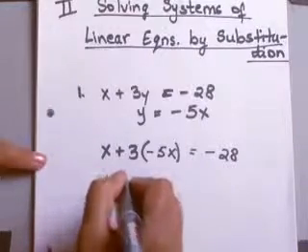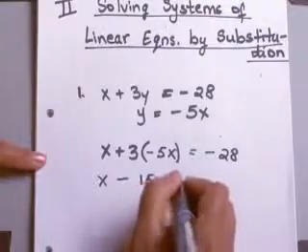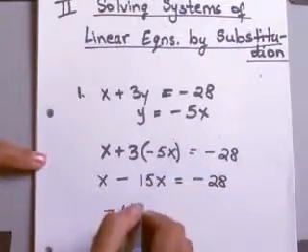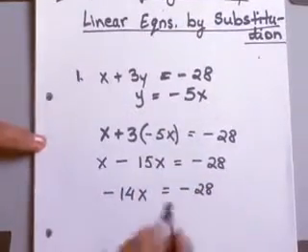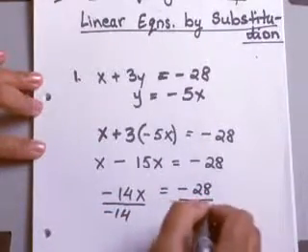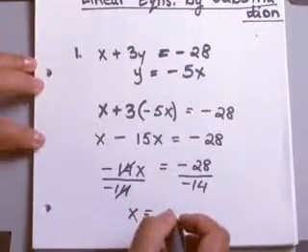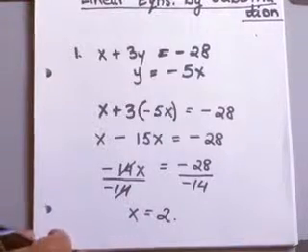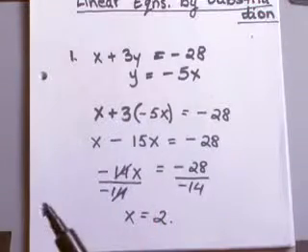This will give me x minus 15x equals negative 28, which gives me negative 14x equals negative 28. Now we want to get x by itself, so I divide both sides by negative 14, and that will give me x equals positive 2. You can see how simple and easy that turns out to be once we substitute our y with negative 5x.